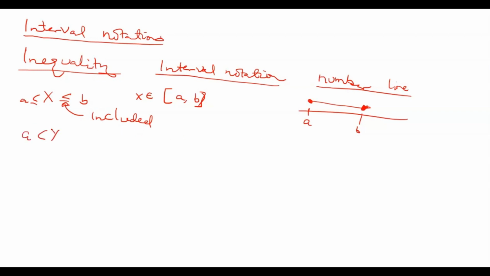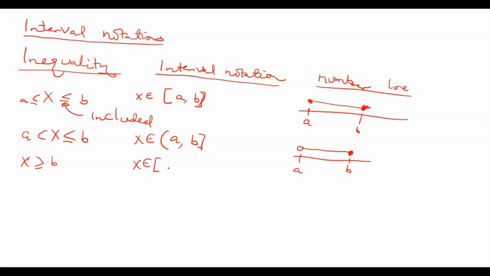Let's say this section, a is included but not b. Then we use a square bracket and a parenthesis. If I was to draw this, it's going to be a closed circle and an open circle. Now let's say we have x is greater than or equal to b.